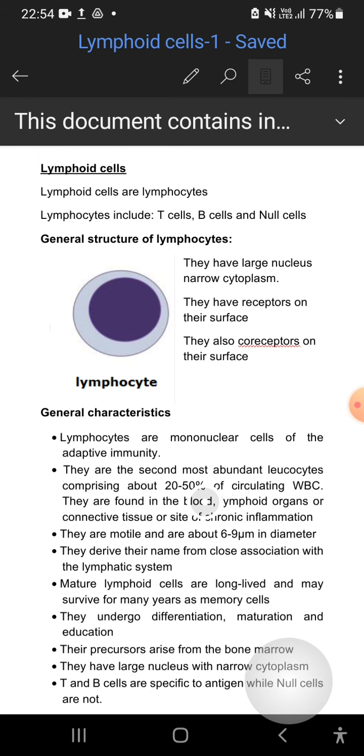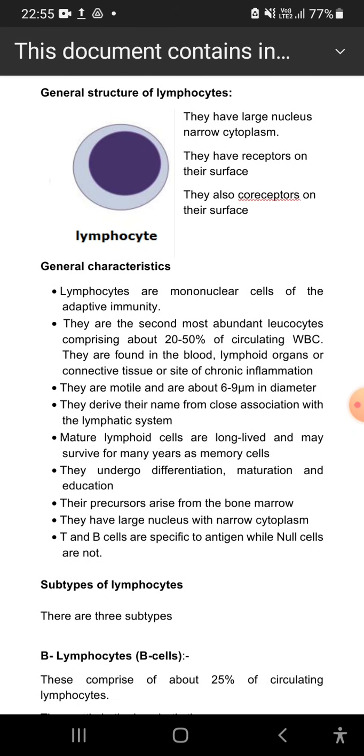They are motile. I say they derive the name because they are closely associated with the lymphatic system. So they are long-lived as compared to neutrophils.